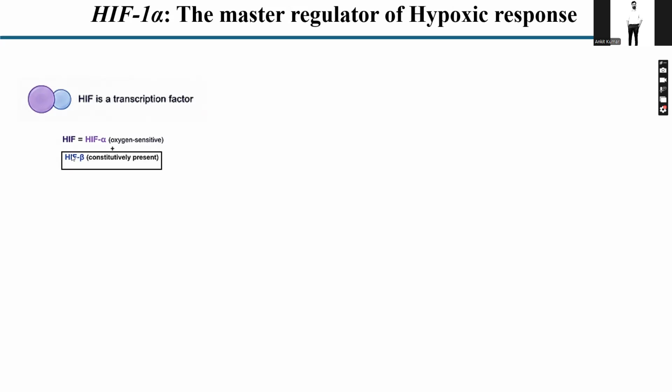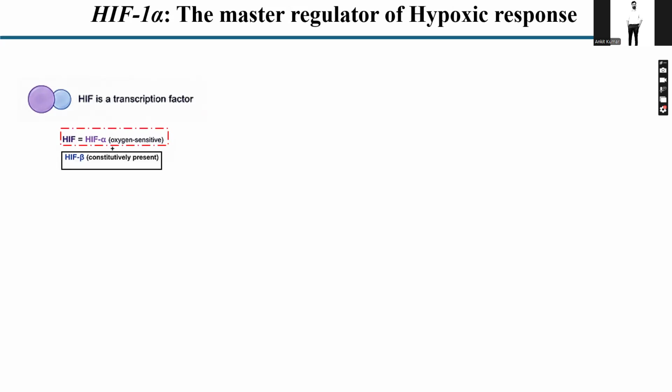First I'll talk about the beta subunit, which is present continuously inside the cells and remains relatively stable regardless of the oxygen concentration, and that is called constitutively present. The alpha subunit, however, is highly sensitive to the oxygen level. Under normal conditions, alpha is rapidly destroyed.